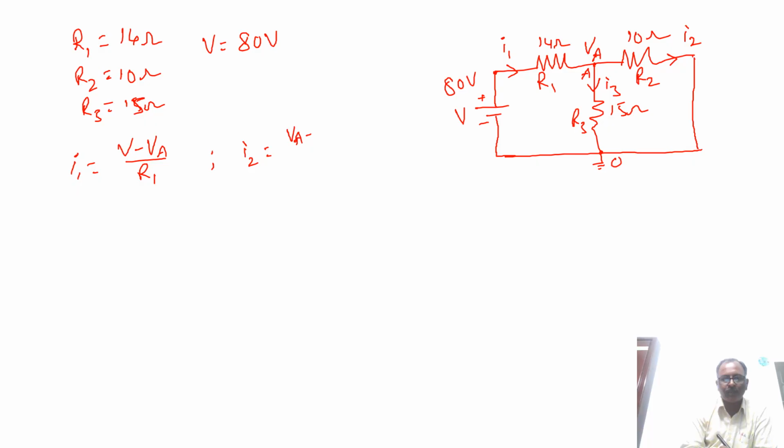So I2 equals VA minus 0 by R2, and I3 equals VA minus 0 by R3.